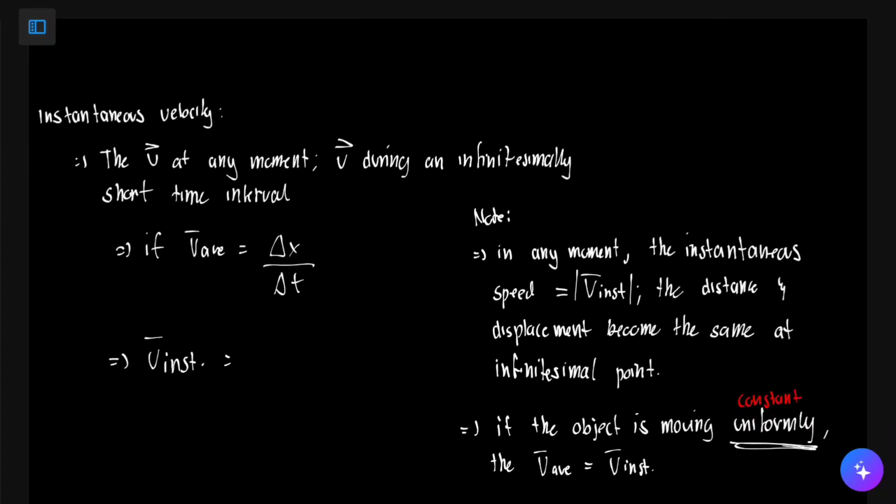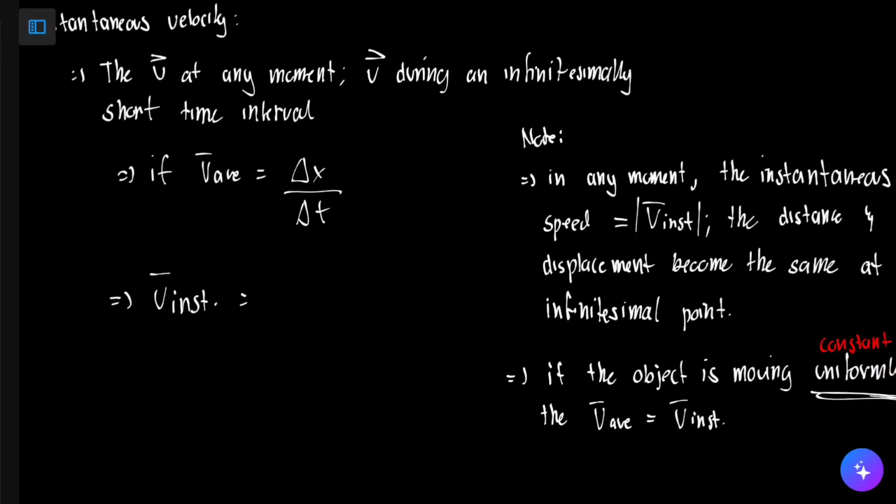So if your average velocity is defined as the change in x over change in t, or displacement over change in time, your instantaneous velocity will be defined as the limit as delta t approaches 0 of delta x over delta t.